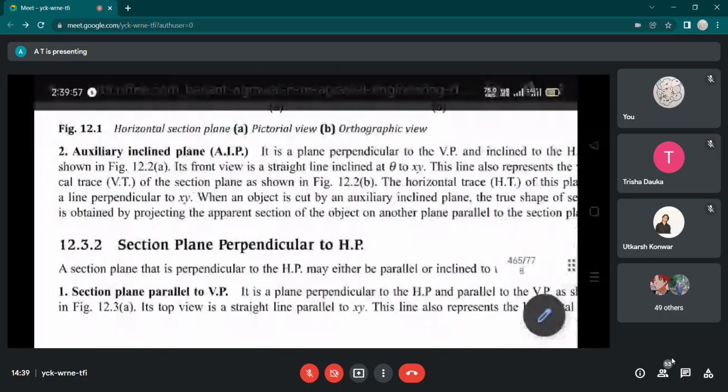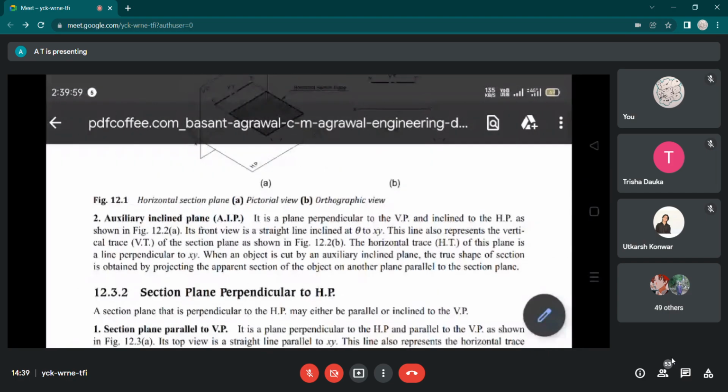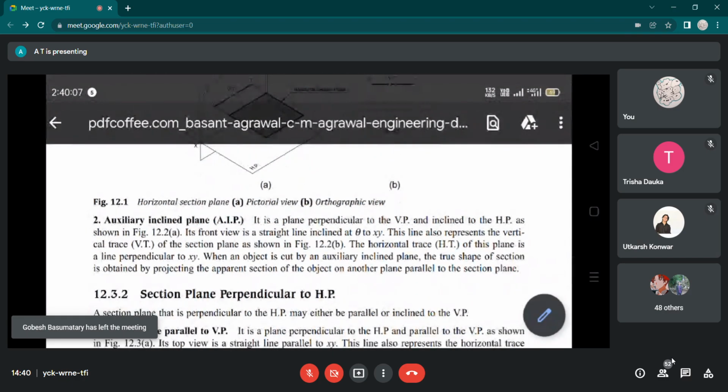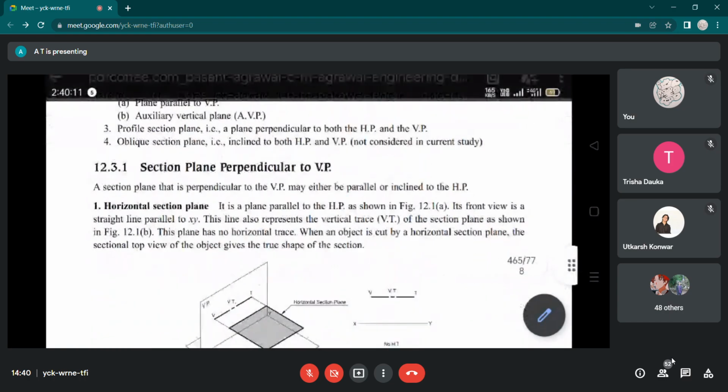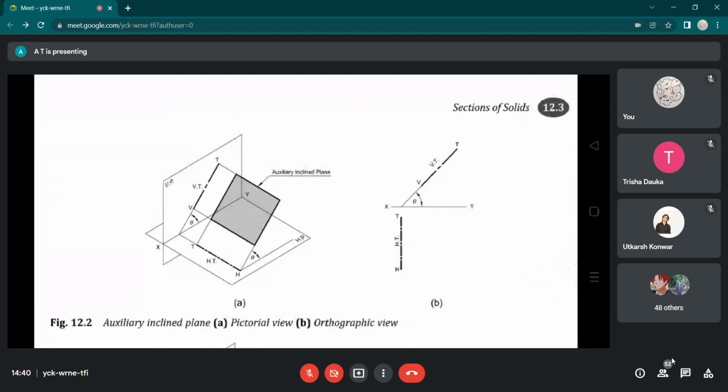So this auxiliary inclined plane is described as the plane perpendicular to VP and inclined to HP. You can see this is the auxiliary inclined plane, and you can see here this plane is inclined to HP.